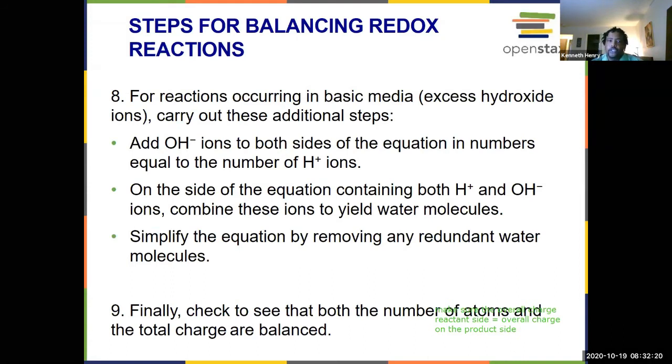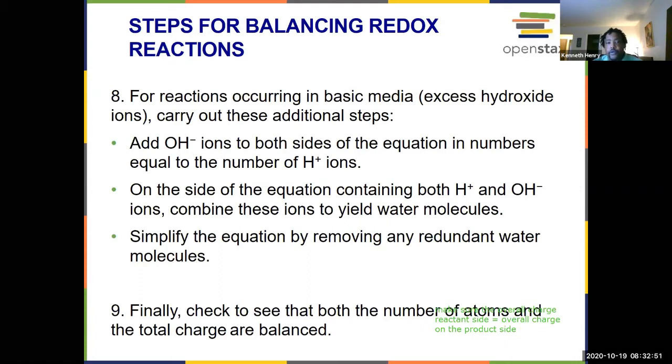For reactions occurring in basic media, which basically means we have excess hydroxide ions, you're going to have to do a couple of extra steps. In this case, you add OH minus to both sides so that you have numbers equal to the H pluses you have available.